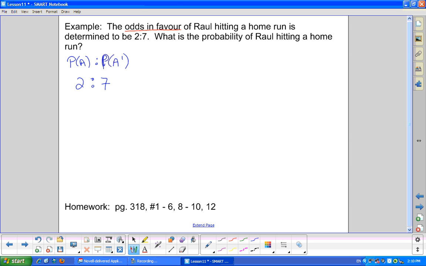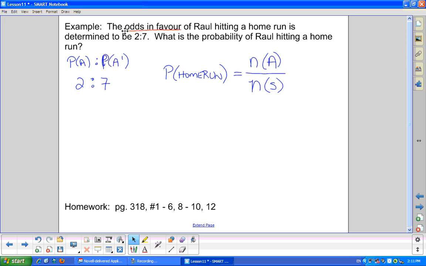So the probability of a home run is equal to the number of ways Raul can be successful divided by the total number of outcomes. With the information provided, we know the number of ways he can be successful, and we know the number of ways he can fail. How many ways can he be successful?